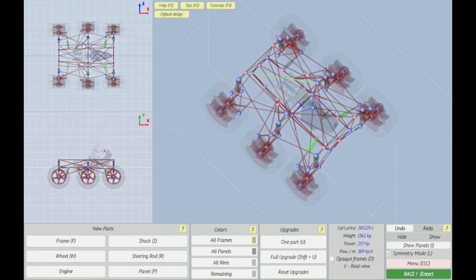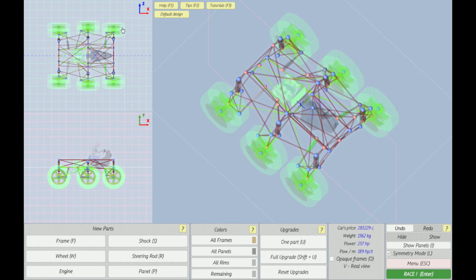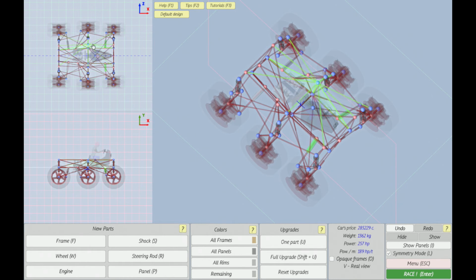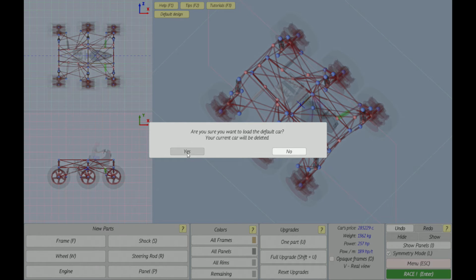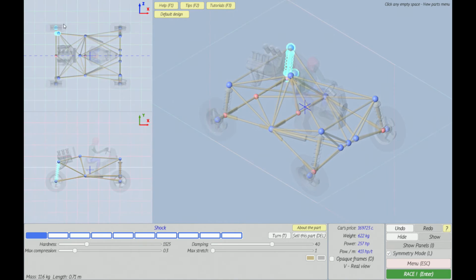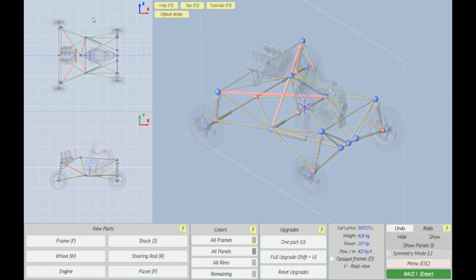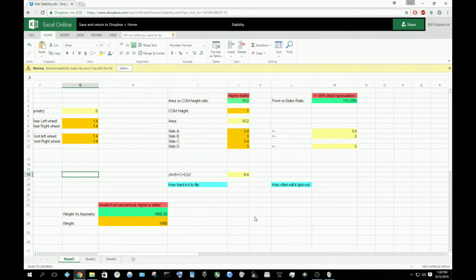Now since this vehicle has a very rectangle-y shape, you can easily see just by looking at that line right there and that line right there that sides A and C are going to be the same. But if you had a trapezoid shaped car, for example like that, you would have different A and C values, and that's why I have them listed as different values in the Excel spreadsheet.